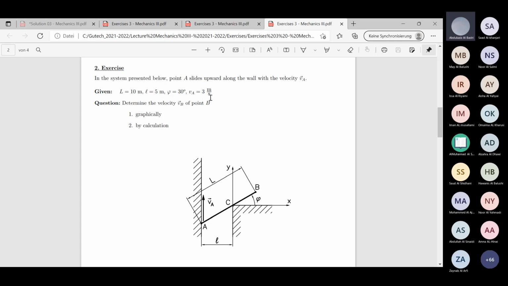We have this distance, capital L, this distance, small l, and at this position, phi is equal to 30 degrees. That means to determine VB at the position phi equal to 30 degrees.